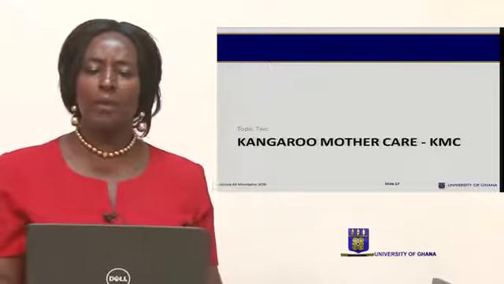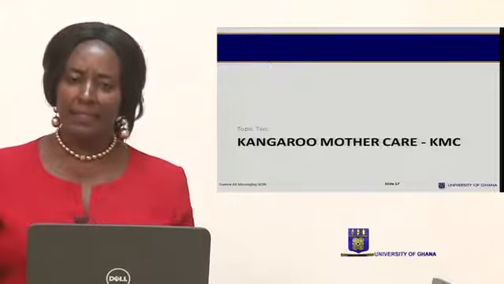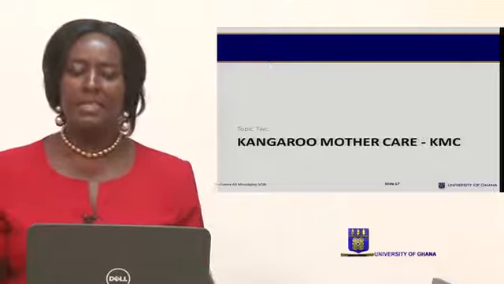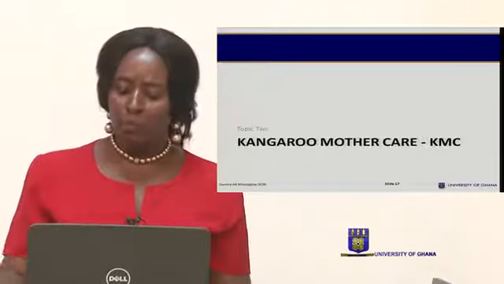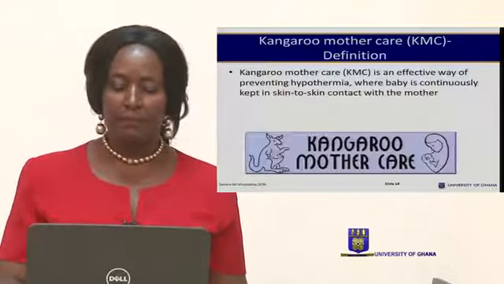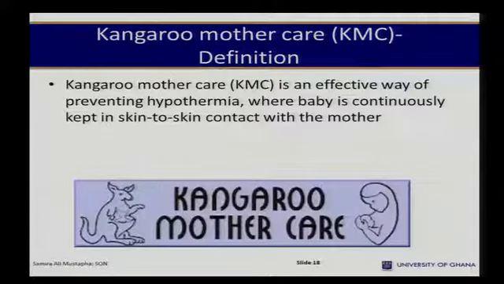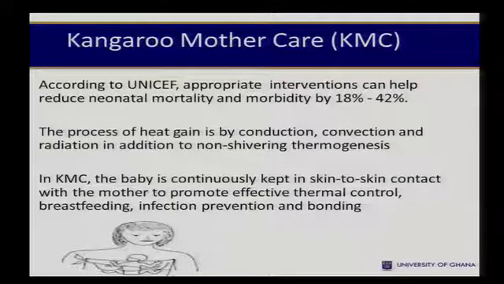The next topic we are looking at is kangaroo mother care, what we popularly call KMC. This is an intervention method to prevent heat loss. Kangaroo mother care is an effective way of preventing hypothermia where the baby is in continuous skin-to-skin contact. We have said that.